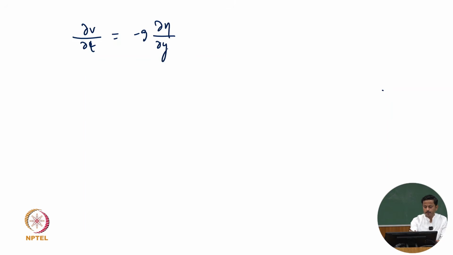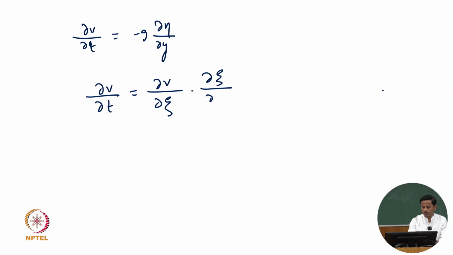Now, using the y momentum equation, dv dt equals minus g del eta del y. First let's expand this dv dt by applying the chain rule in terms of a variable xi. Here xi is defined as the variable y plus ct.